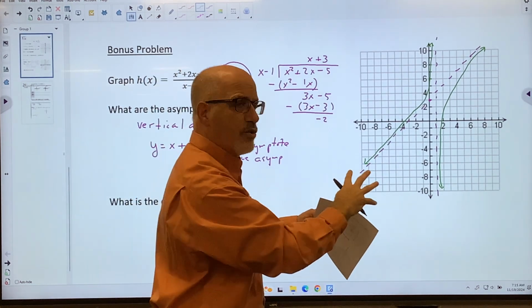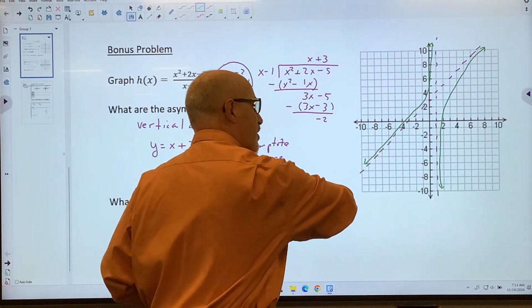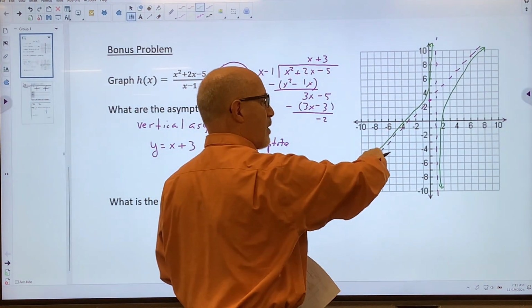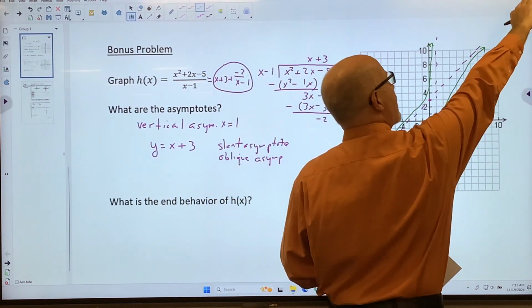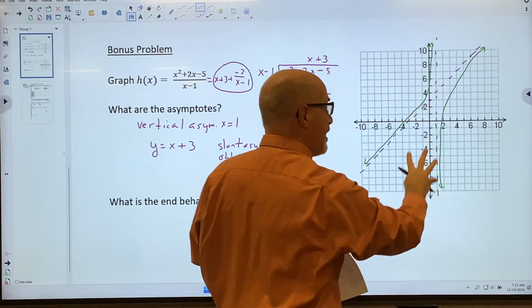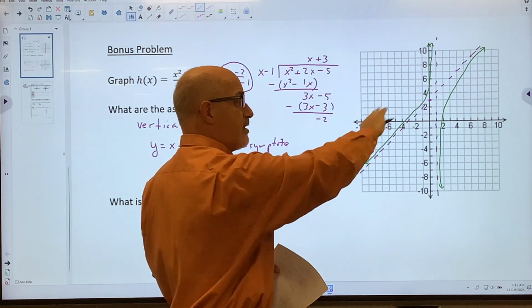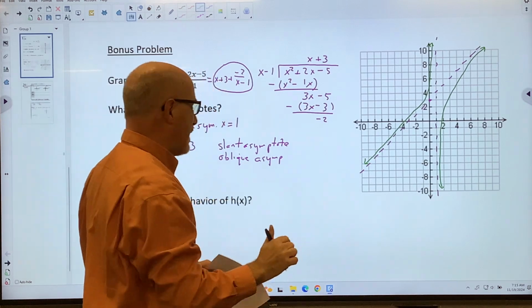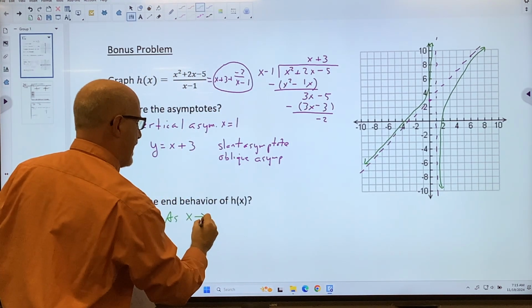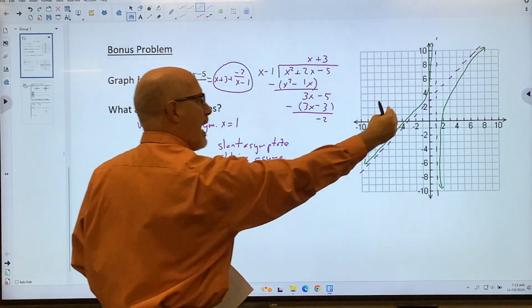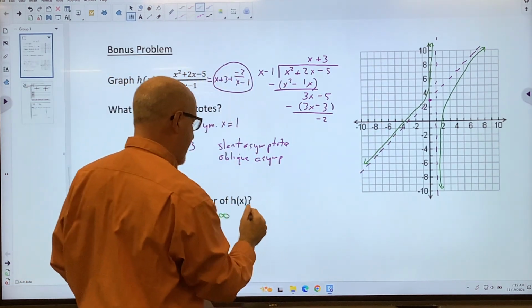So if you were to zoom out on this, what you would see is that the end behavior looks a lot like this line, because this graph is going to get very close to the slant asymptote, and it will get very close to the line up there. In the middle here, it's going to follow the vertical asymptote and not look like the slanted line, but the end behavior as x goes to negative infinity, the y is going down, following this line down to negative infinity.